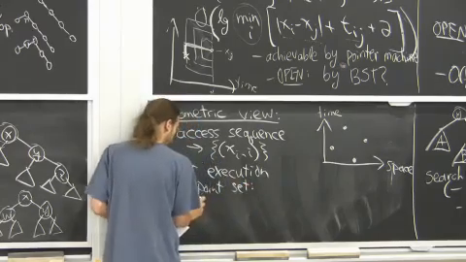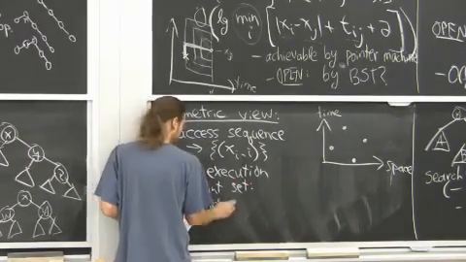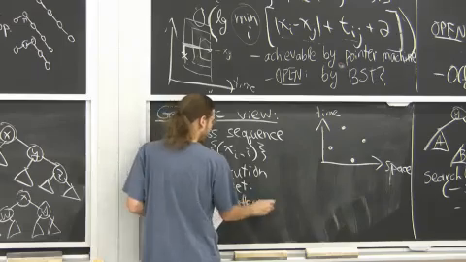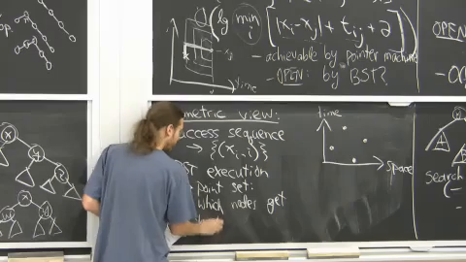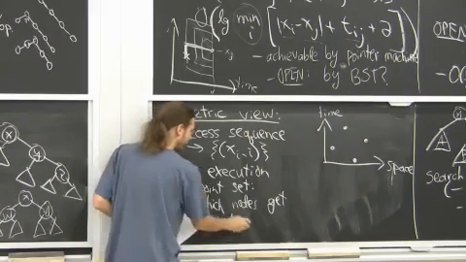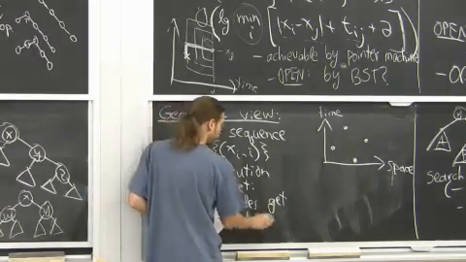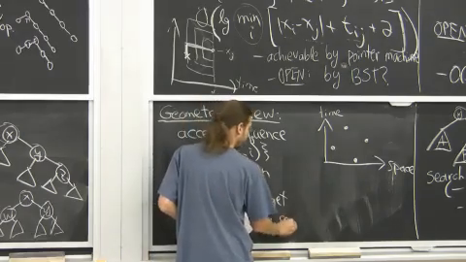which is which nodes get touched during a search, during each search.